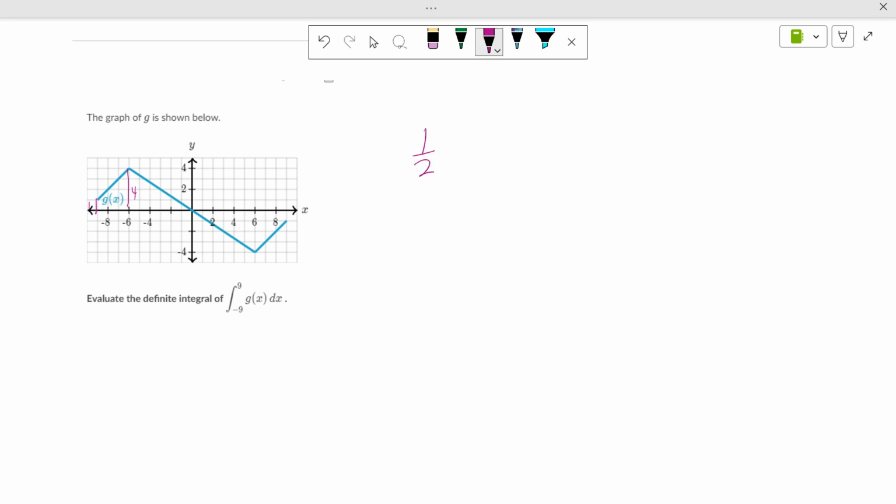So you take 1/2 of 3 times 1 plus 4 plus the triangle, which has a base of 6 and a height of 4. And so this area over here is 5 times 1.5, which is like 7.5, right? And this is 12, which is 19.5.